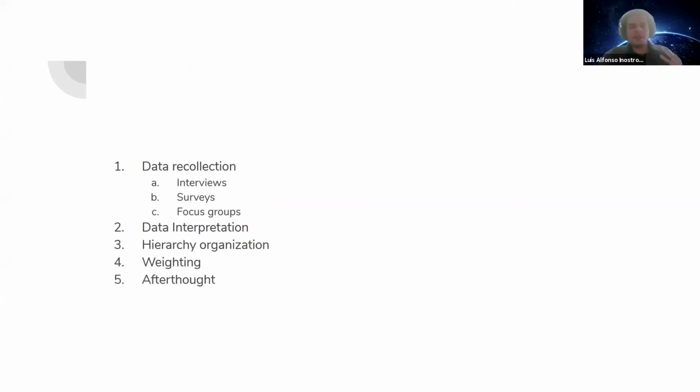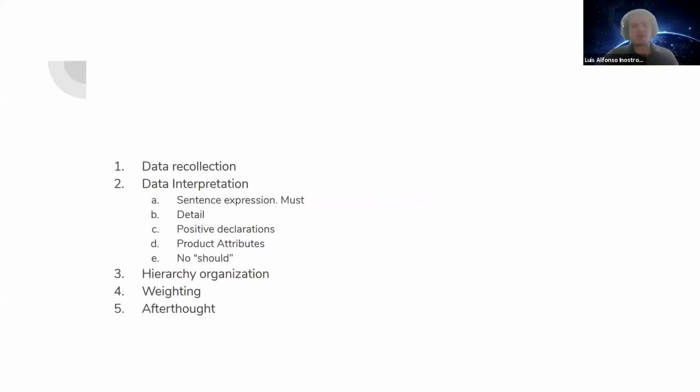The first step is data recollection, which is very simple with traditional tools like interviews, surveys, or focus groups. Then that interpretation, here we must group all the answers that the customer gave and group them together in sentences, simple sentences, but without losing detail, because this detail may tell us if the customer has a hidden need that he or she doesn't even know that he has.